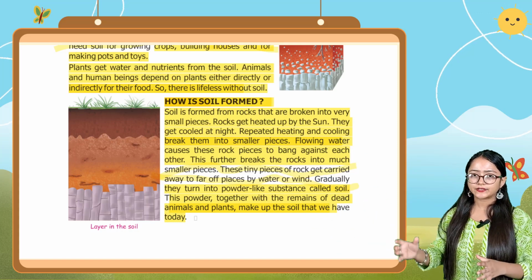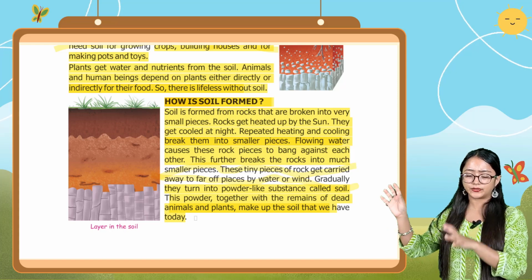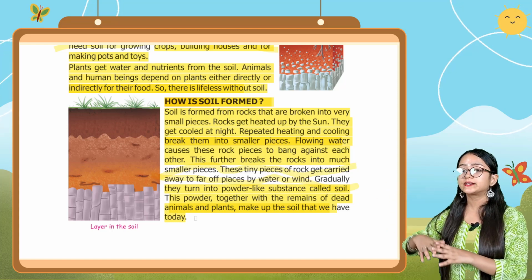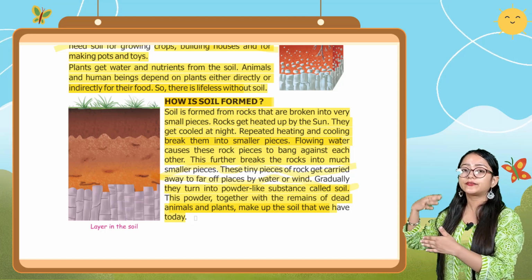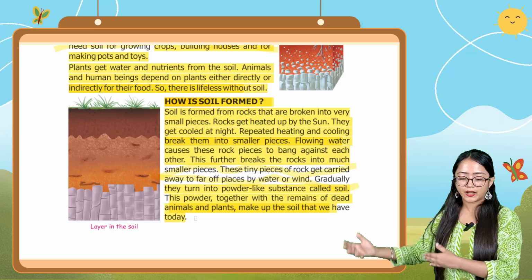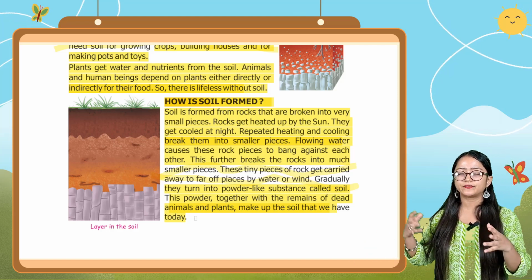Gradually they turn into a powder-like substance known as soil. This powder, together with the remains of dead animals and plants, makes up the soil that we have today. That means the fertile one.